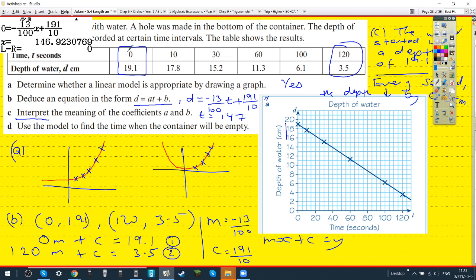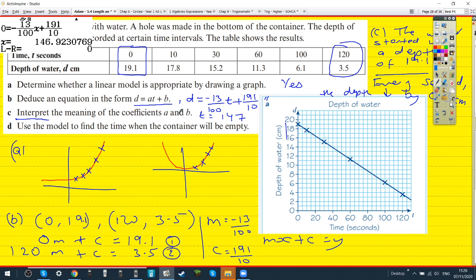You measure the depth at 10 seconds, 30 seconds, 60 seconds. You plot the points on a graph. It looks like a straight line, and so they'll mostly fit on a straight line, so a linear model is appropriate. The linear model you use, you take 2 points, the first and last, and get m and c using simultaneous equations to give you the equation for the model.